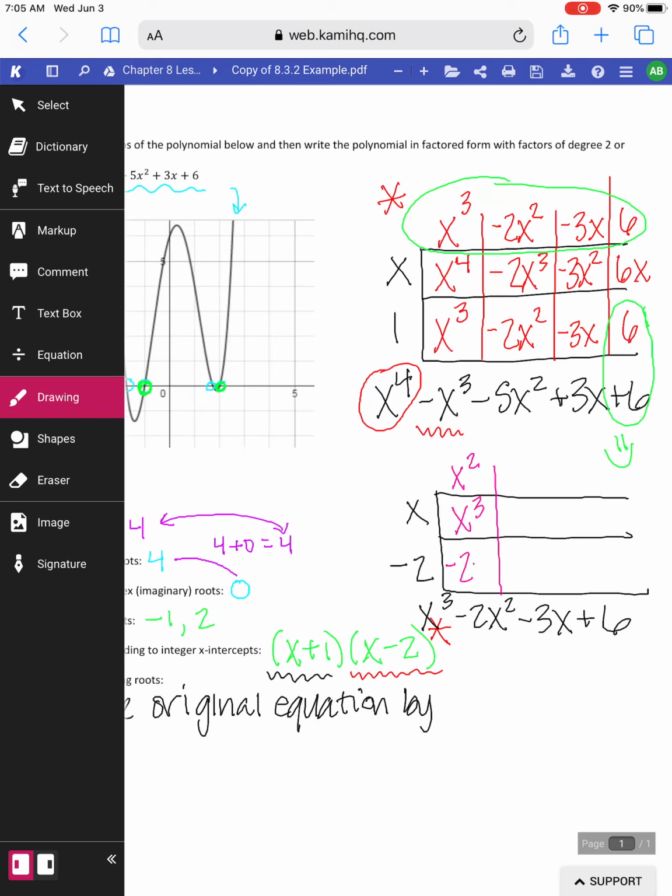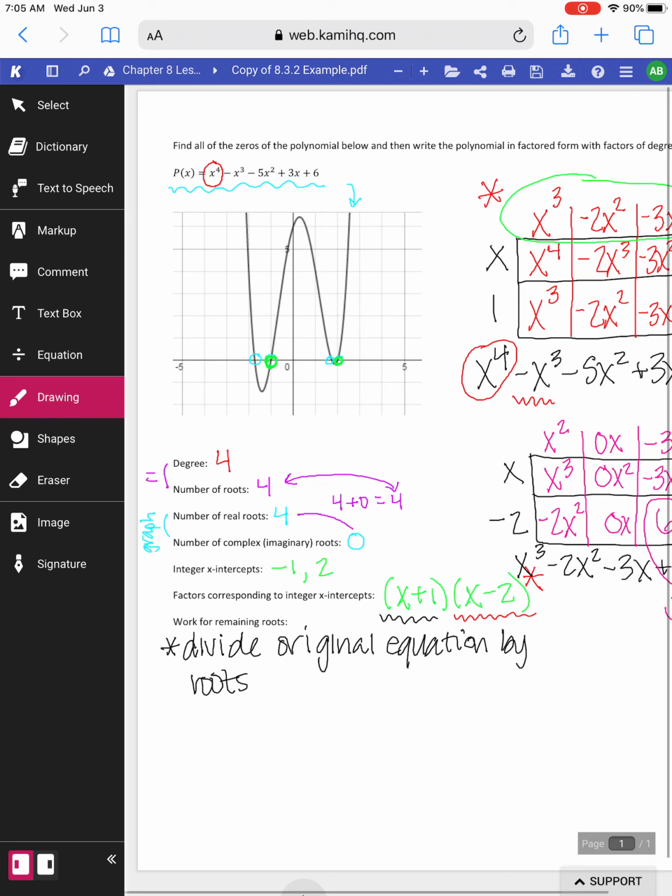So x squared times negative 2 gives us negative 2x squared, which is actually what we want. So we don't need any more x squareds, which gives us a 0x on top, which gives us a 0 on the bottom. And let's just squeeze our x in there just so we can keep it straight. So we want negative 3x's, so we need to subtract 3x, which gives us a negative 3 and a positive 6. Again, because we're dividing by a root, it's a good thing that we have no remainder.